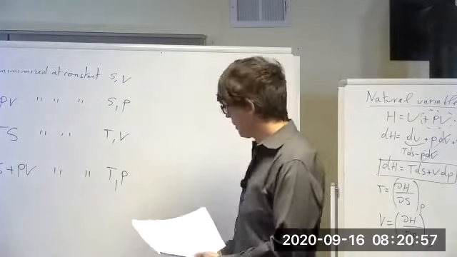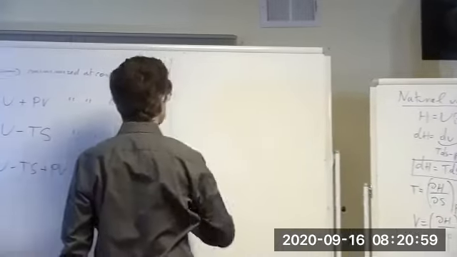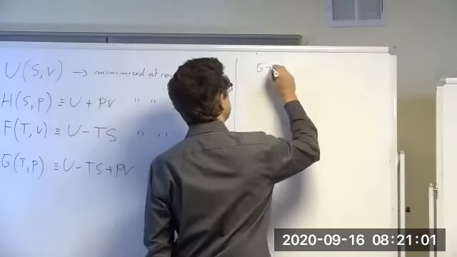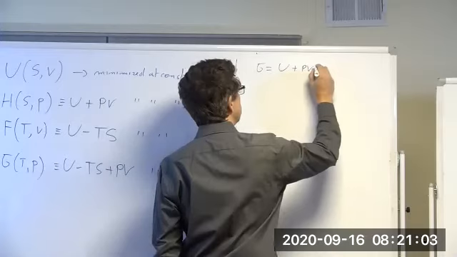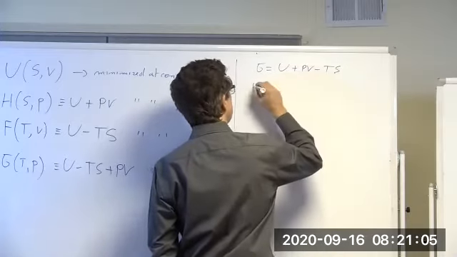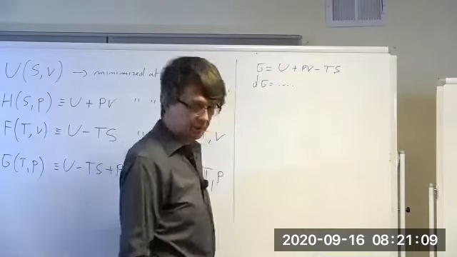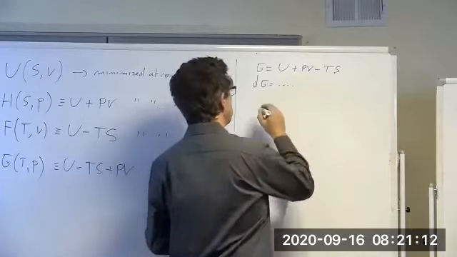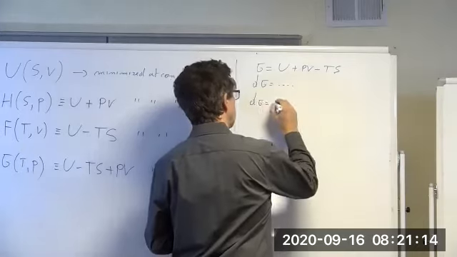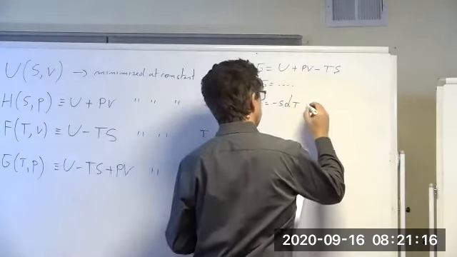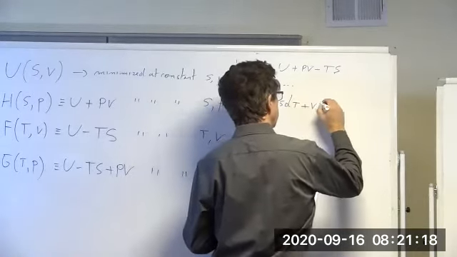The last one, if you do this for the Gibbs free energy, is probably the most interesting. So G is U plus PV minus TS. And now if you work out the differential, and I'll let you do that, you'll find that the differential of G is minus SdT plus VdP.